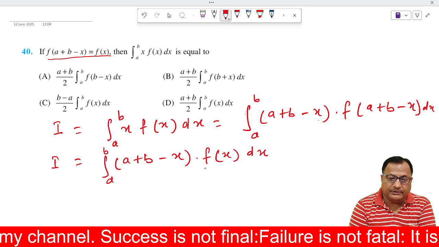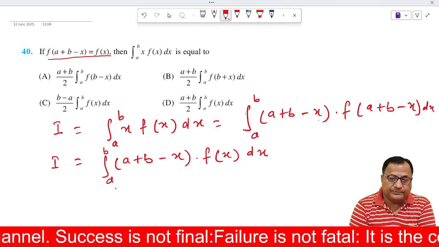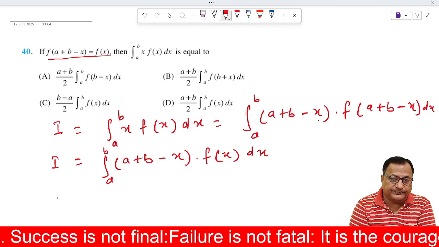Now this will multiply in this and we will separate this.